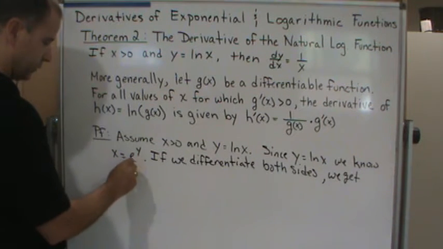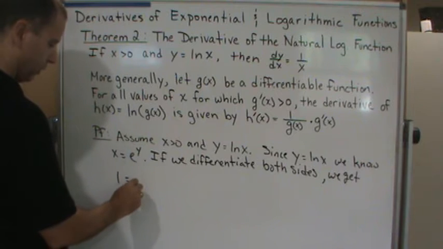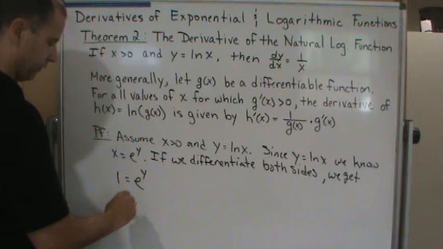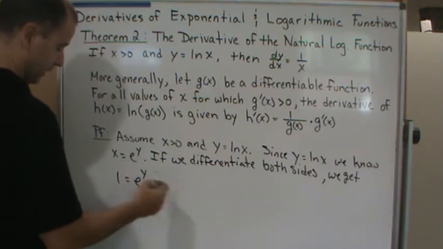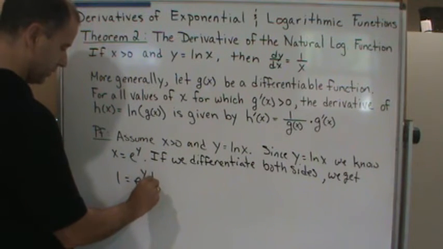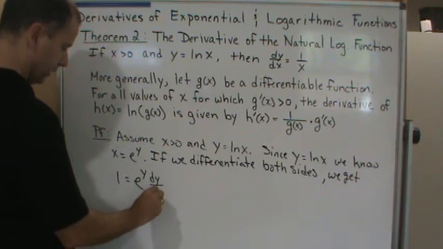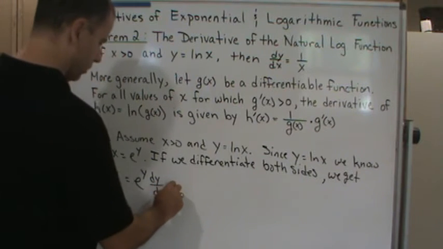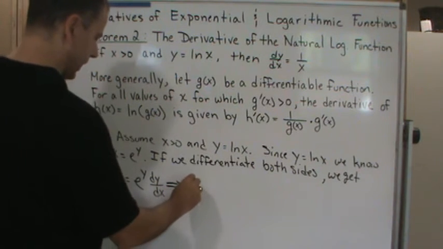Well, it's an exponential, so we rewrite the exponential e to the y times the derivative of the exponent, which in this case is y, so the derivative of y is just dy dx. So we're doing implicit differentiation here. And then we solve for dy dx.